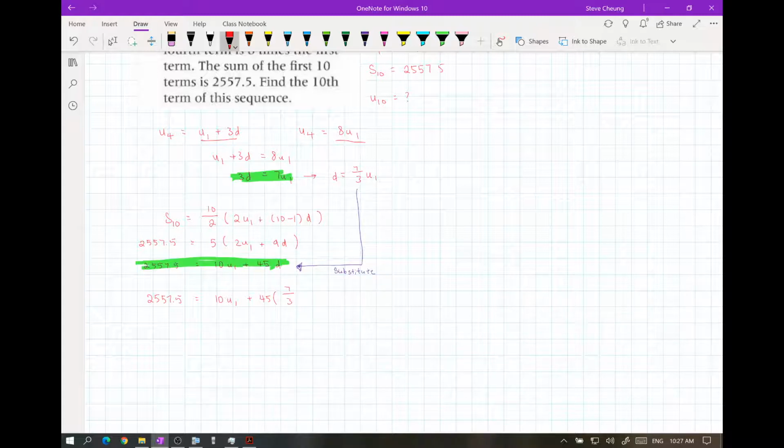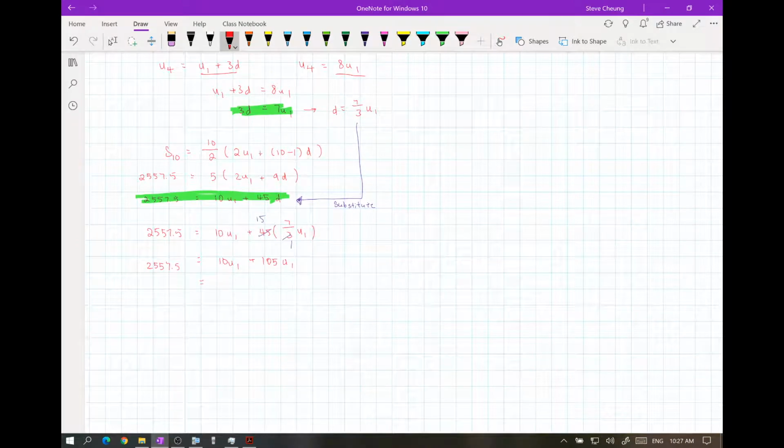Seven over 3 u1, and that should simplify to 105. Now this whole equation is in terms of u1, so I can just solve for what u1 is.